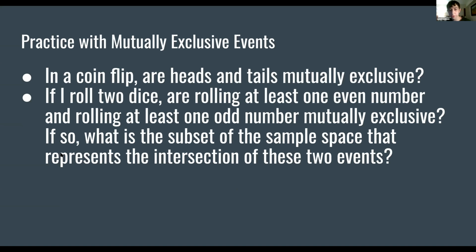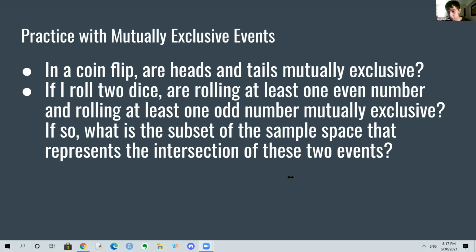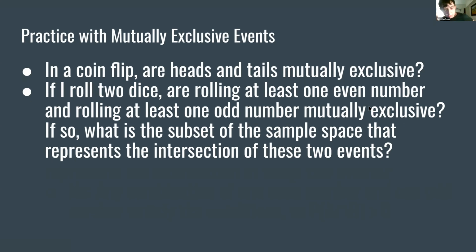This shouldn't say if, it should say if they are not mutually exclusive. What is the subset of the sample space that represents getting at least one even number and getting at least one odd number? That's going to be a little long. There might be a shorter way to write this one.